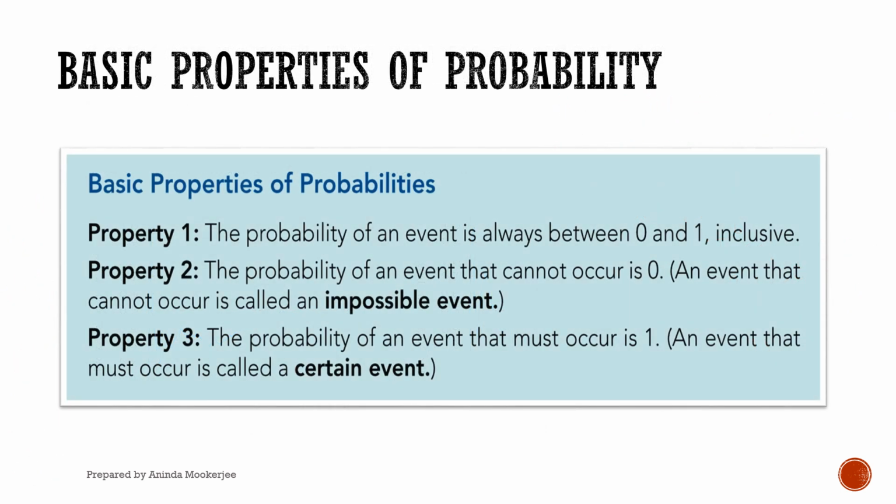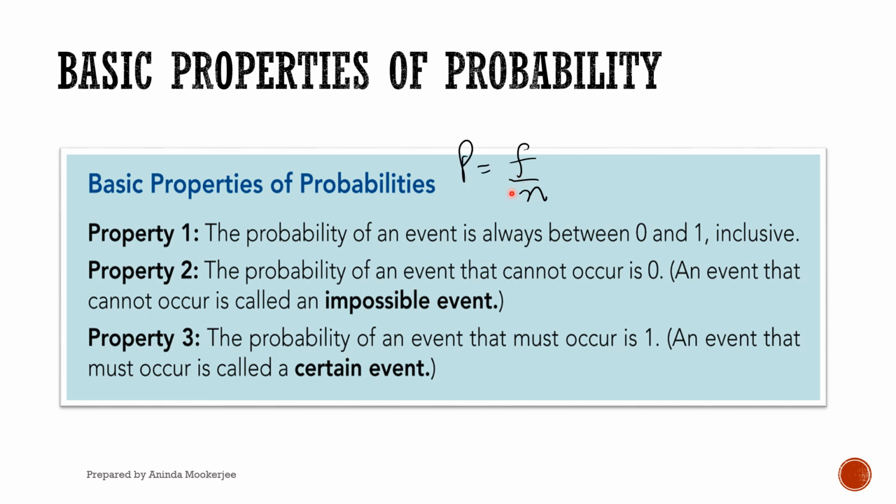Now let's look at some of the basic properties of probability that we may already have realized while we were talking previously about this topic. Property 1 says the probability of an event is always between 0 and 1 inclusive. I mentioned this before also, that we use the F over N rule to find probability.